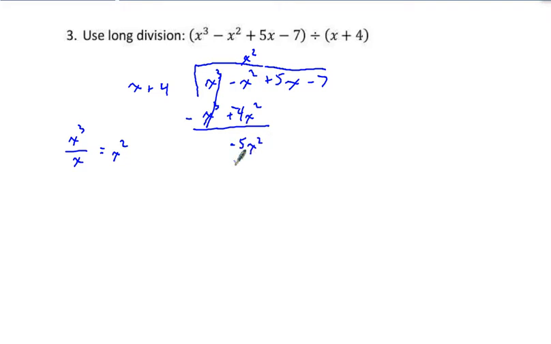We have divided, we have multiplied, we have subtracted. Now it's time to bring down the next term and repeat. So divide. Negative 5x squared divided by x equals negative 5x, which will go in the linear column.